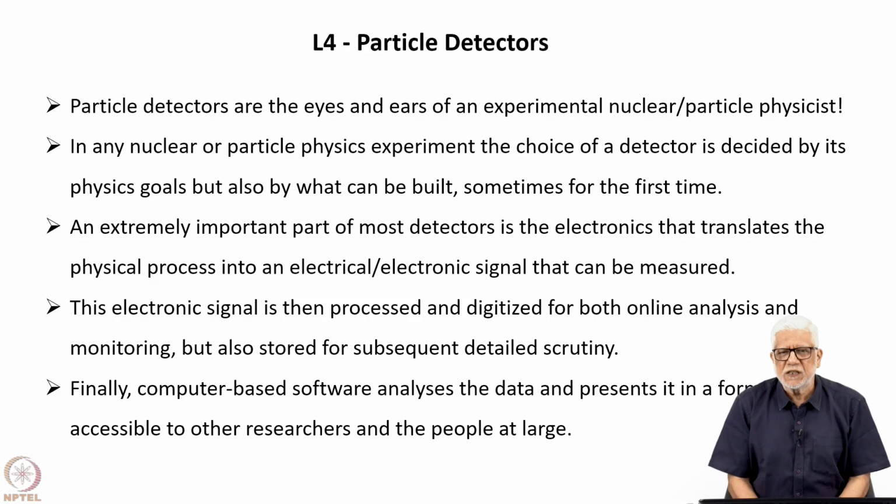The electronic signal is then processed, digitized for both online analysis and monitoring, but then also it is stored on devices such that you can do a very detailed scrutiny of that later. Finally, computer-based software analyzes the data and then presents it in forms that are useful to both the researcher himself and to his colleagues and to the people at large.